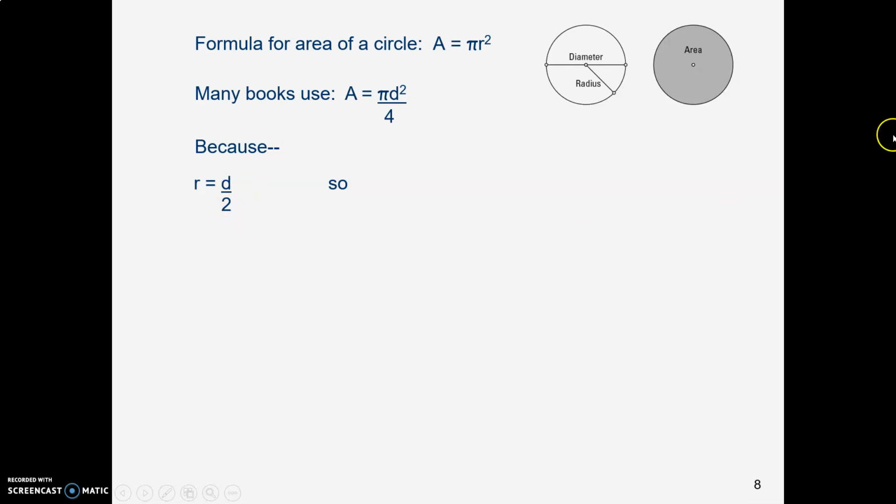So radius squared is (d over 2) squared, isn't it? And what is (d over 2) squared? It is d squared over 2 squared, in other words, d squared over 4. So radius squared turns out to be d squared over 4.